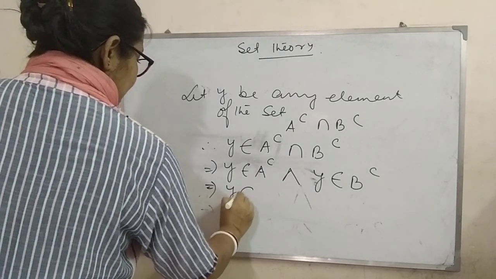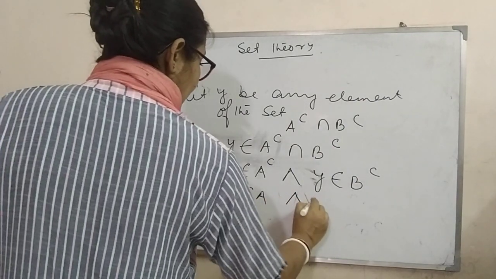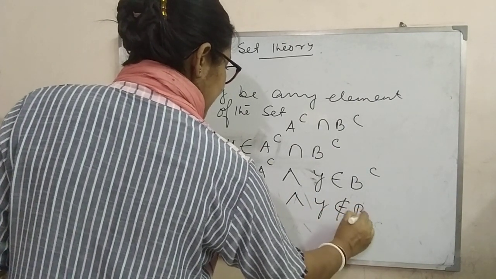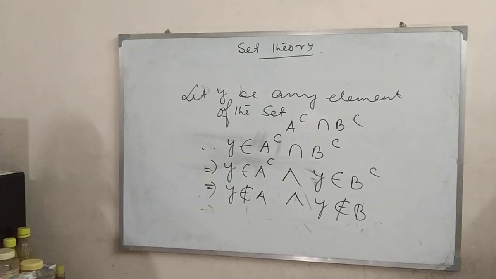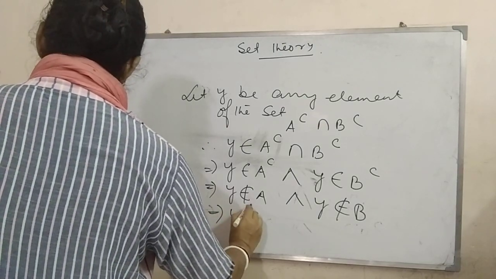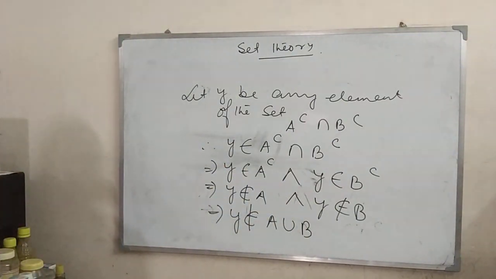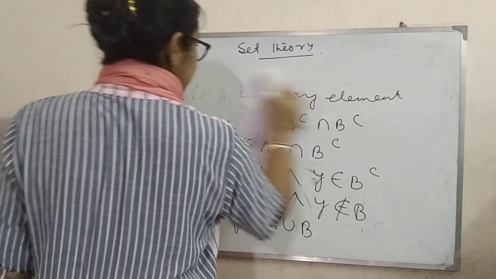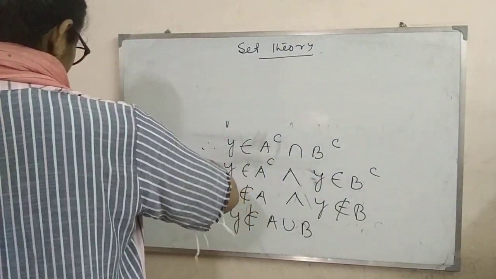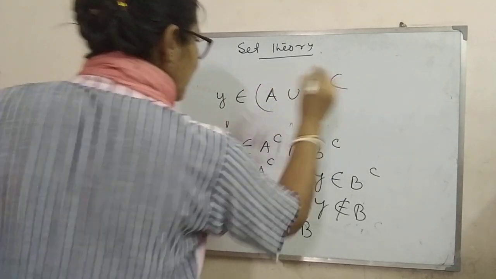That means Y does not belong to A and Y does not belong to B. That means Y does not belong to A union B. That means Y belongs to (A union B) complement.